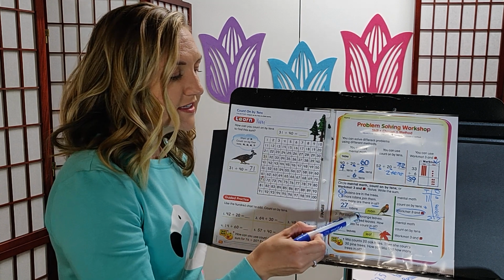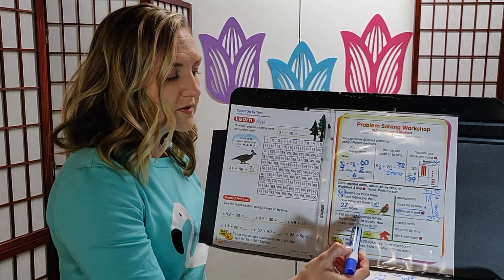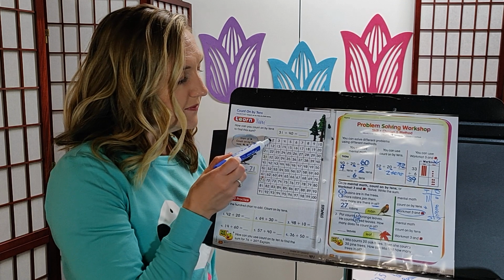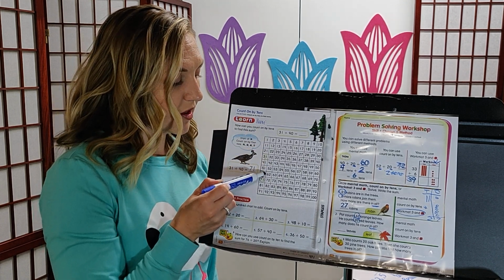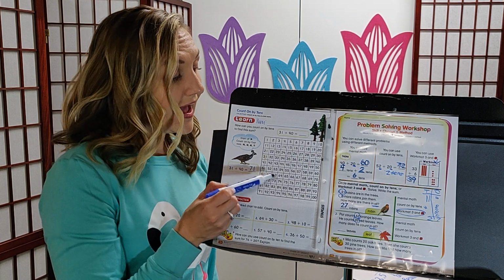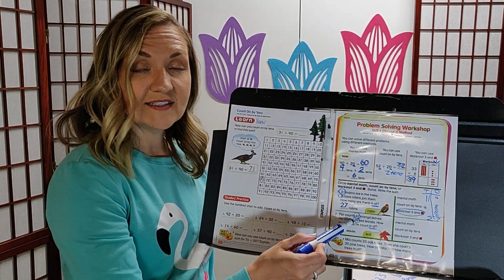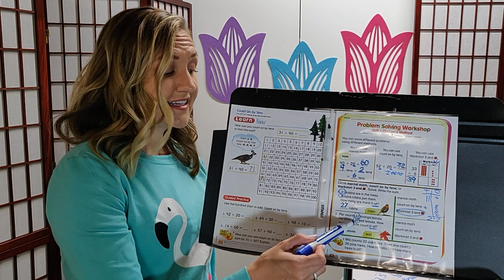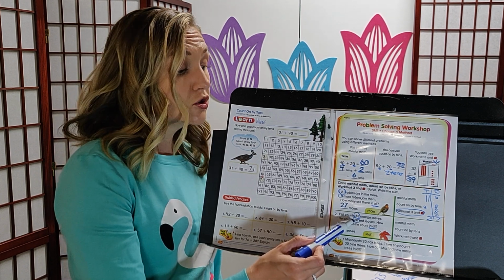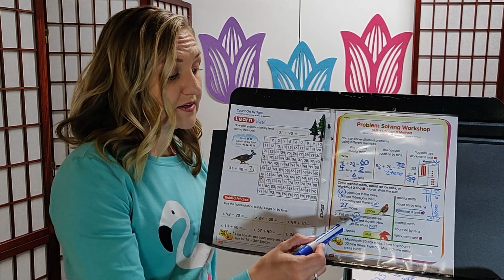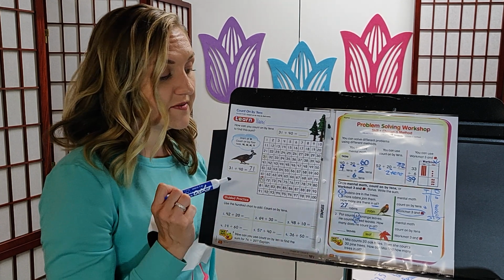So we're going to use our hundreds chart to help us out. We have 62. 62 ends with a 2. So I'm going to go to my 2 column and scoot down until I find 62. Okay, here's 62. And I'm adding 20. 20 is the same as how many groups of tens? 2 groups of tens.